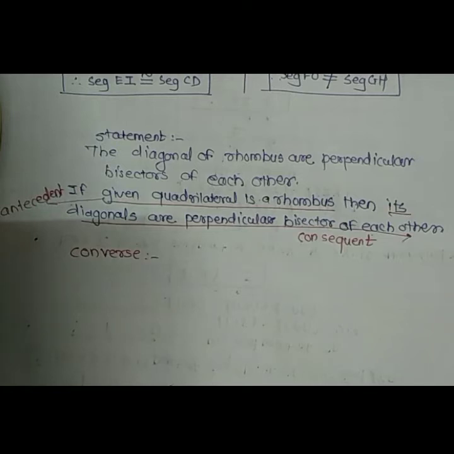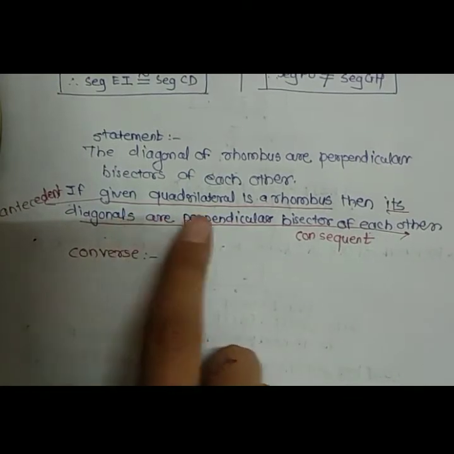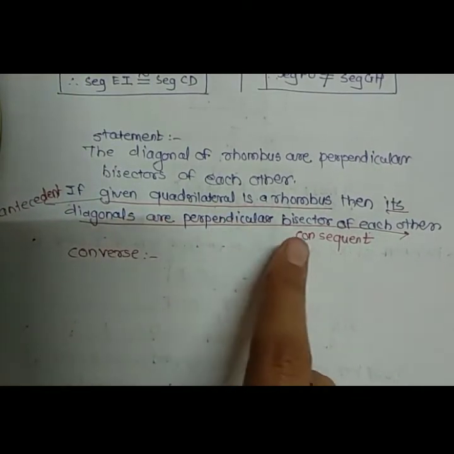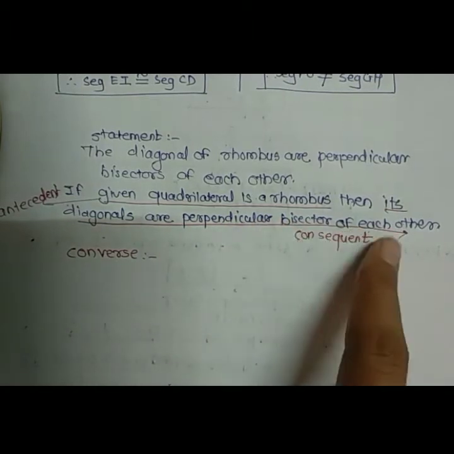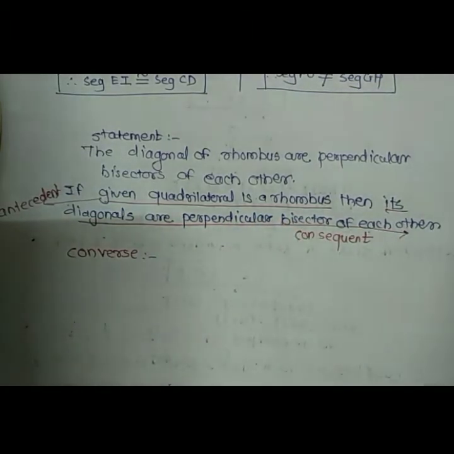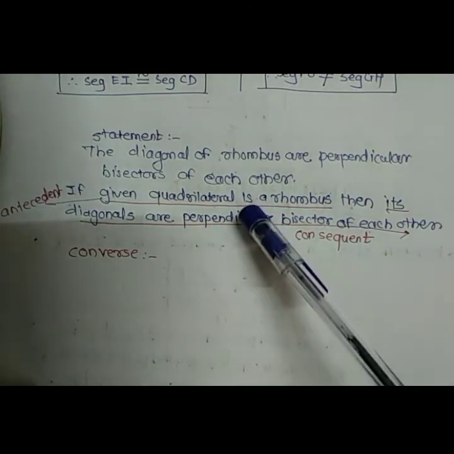If a conditional statement is true, its converse is not necessarily true. Study the following example. The conditional statement is, if a quadrilateral is a rhombus, then its diagonals are perpendicular bisector to each other. Now, write down its converse.